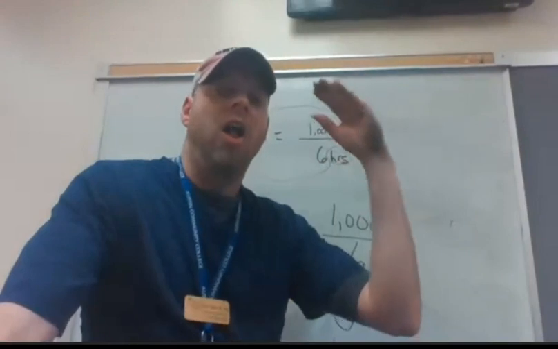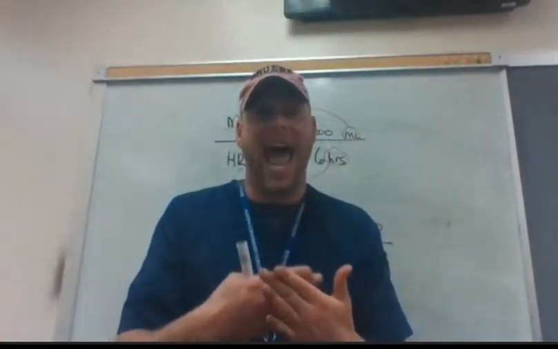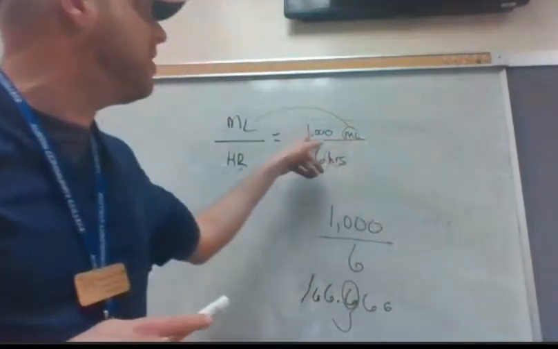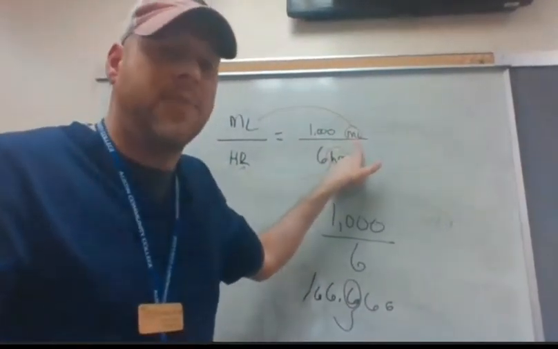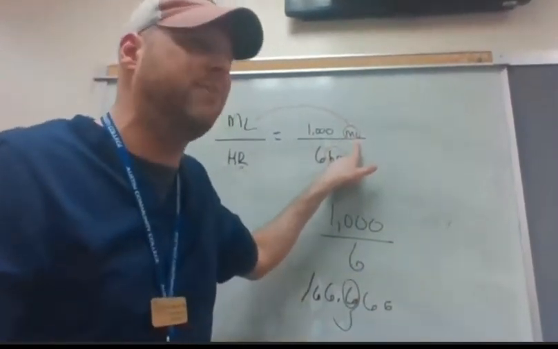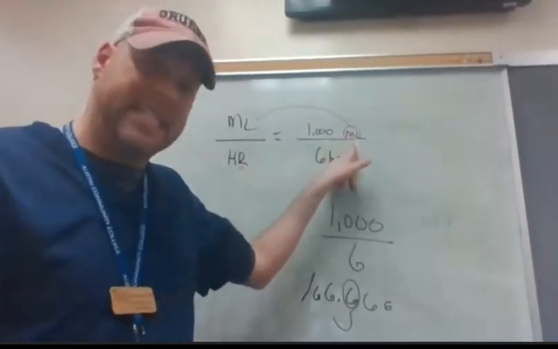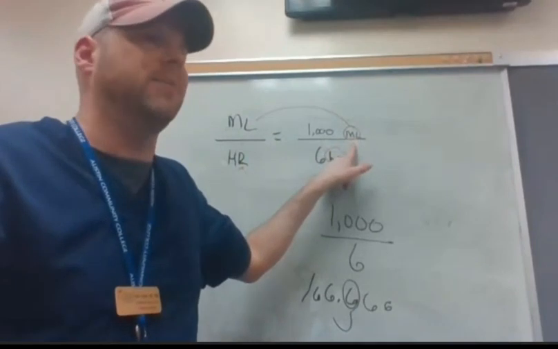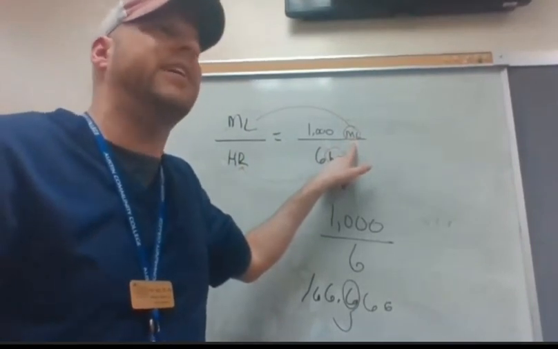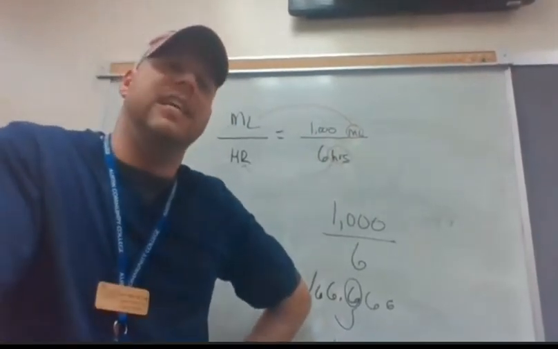Because all I'm doing with an IV is I'm dealing with the IV fluid. I don't care how much medicine it is. All I can deal with is the fluid in that bag. So you saw in your formula, the only thing going up there is milliliters. So if it said you had Zosyn 3.375 grams, it doesn't matter to me. There's no room on this formula to deal with milligrams. When we're dealing with IVs, we only deal in fluid, and milliliters is your fluid.